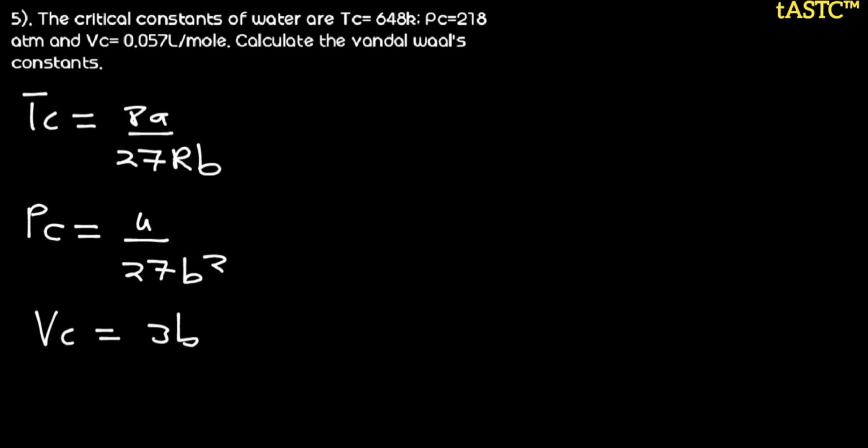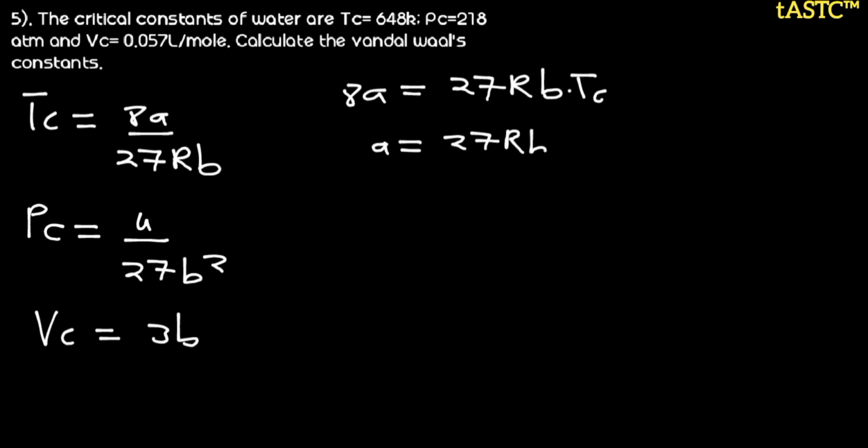Now the first thing we need to do, we're actually going to make a the subject from Tc and Pc. From Tc, we have that 8a is equal to 27Rb multiplied by Tc. So a is equal to 27RbTc divided by 8. And from Pc, a will be equal to 27b squared Pc.